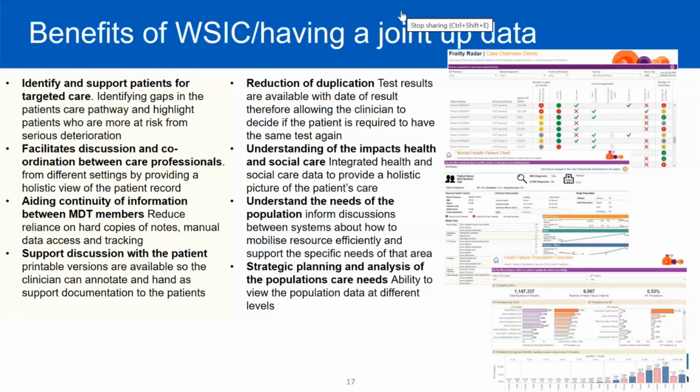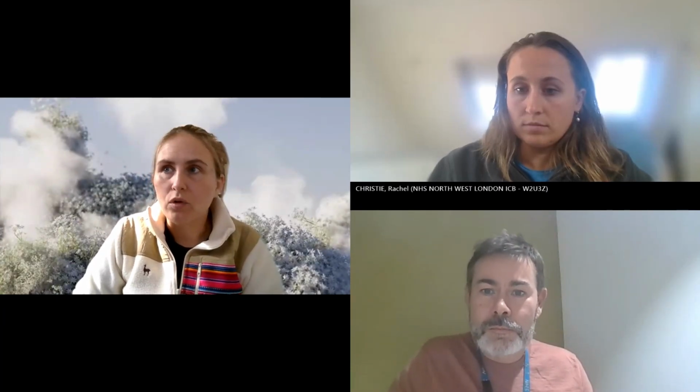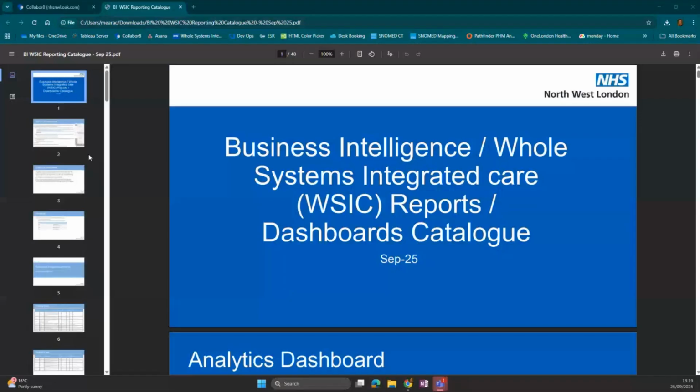Last thing I just wanted to mention, Matthew, and apologies, I realise I'm going a couple of minutes over. Before I hand over to Narinder, I'm going to share my page because there was a question about people not knowing what's available and how to know what's available. Well, across BI, we have a catalogue, which I'm more than happy to share out. If you've got access to Collaborate, it is available on Collaborate.